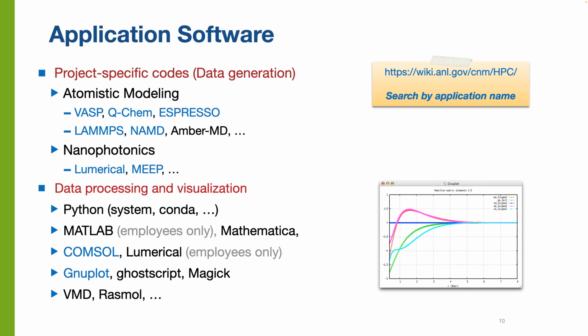I showed Lumerical, which is one of the key licensed applications. This, however, is available only for R1 employees. So some of the applications shown here are accessible for employees only, unfortunately, as commercial licenses go. And by employees, I mean people affiliated with Argonne.